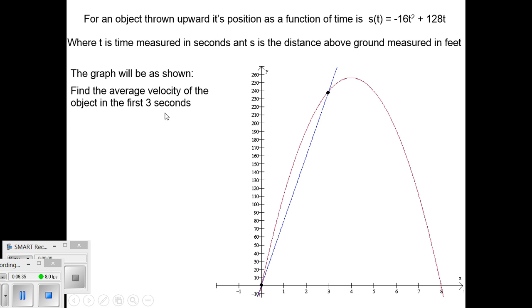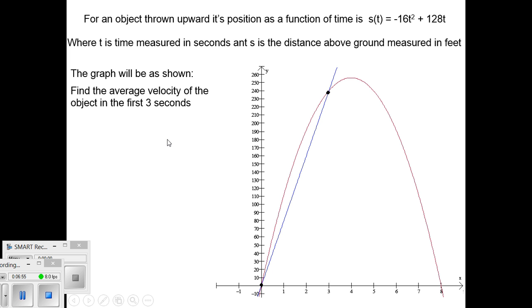Now, average velocity is a special application of the average rate of change, applied to this real life situation, and it is called the average velocity.